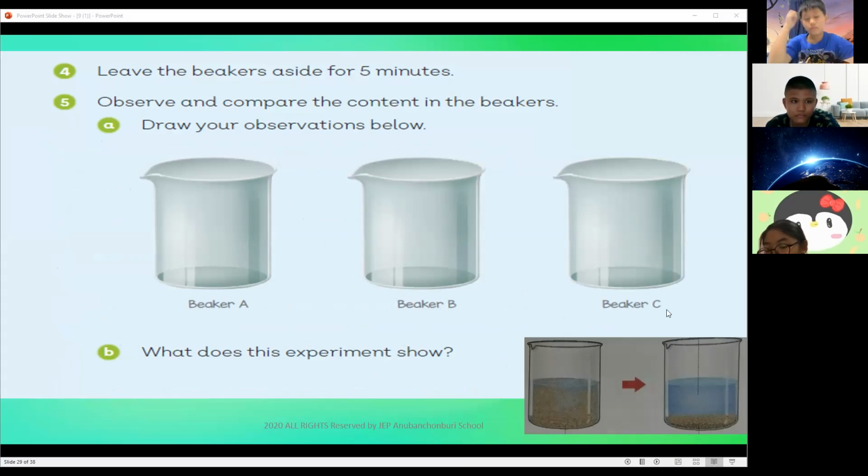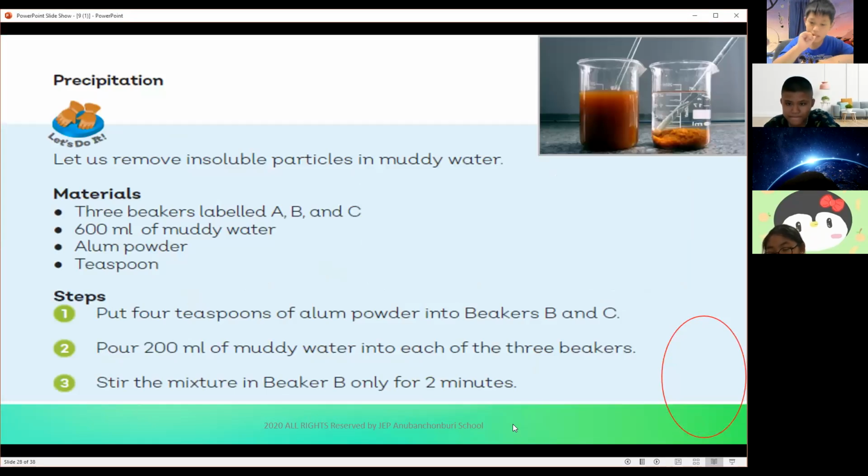What about in beaker C? You added alum but you didn't mix. So the drawing here in beaker C should be something like this, or something like this. The picture here on top.